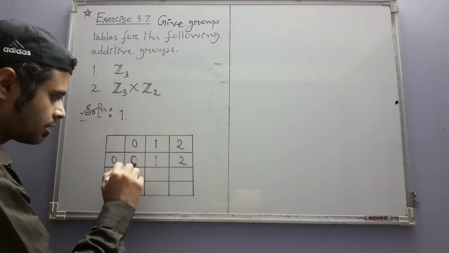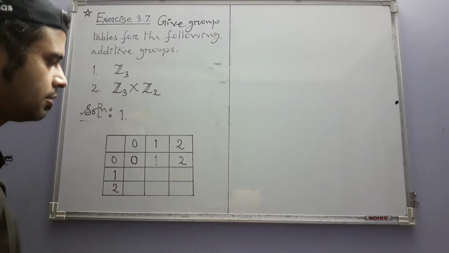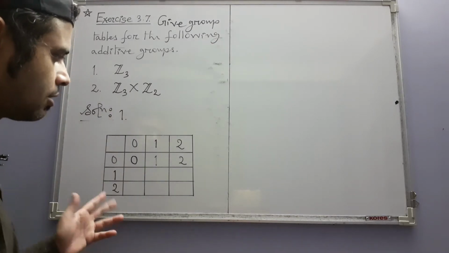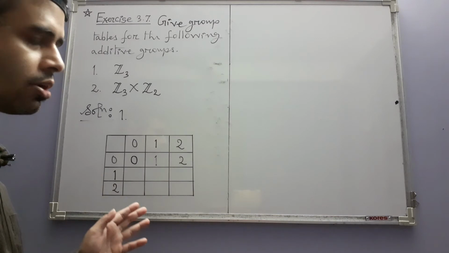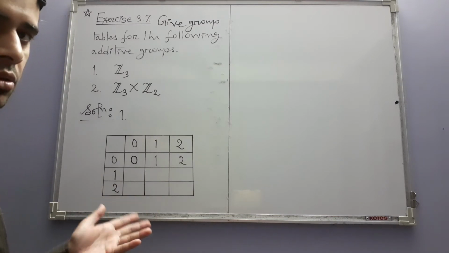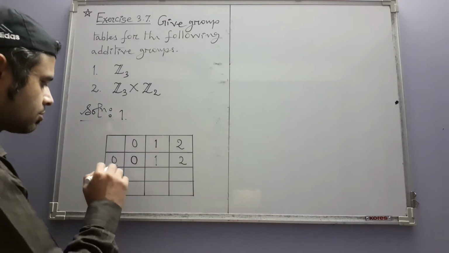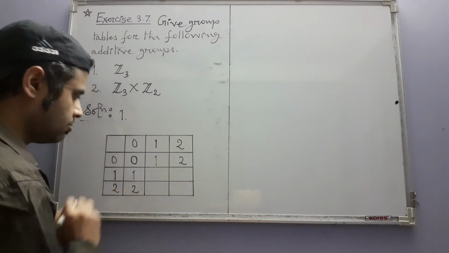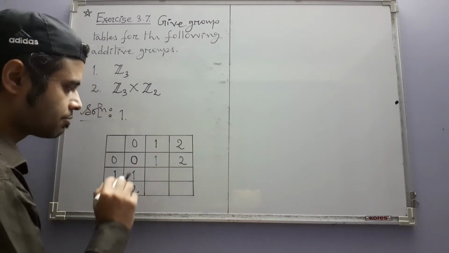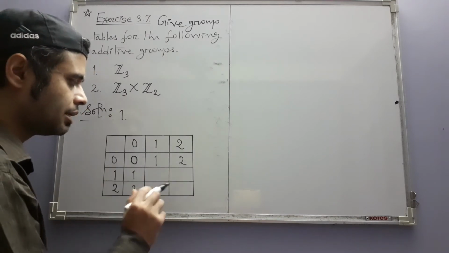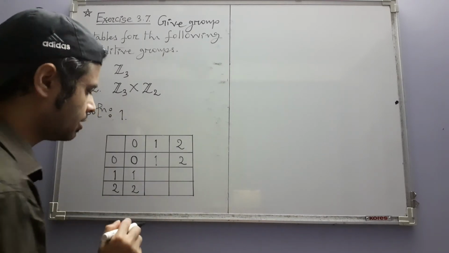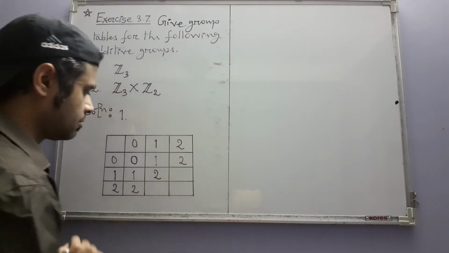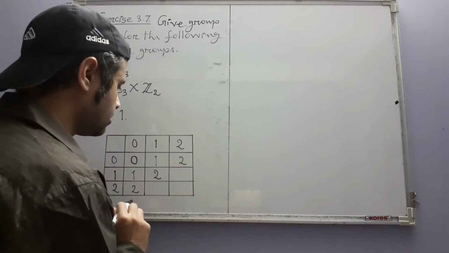And because our binary operation is commutative, it does not matter in which order you operate on two elements. So 1 plus 0 is also 1, 2 plus 0 is 2. 1 plus 1 is 2. When you divide 2 by 3, the remainder is 2 itself, so the result of this operation is 2.